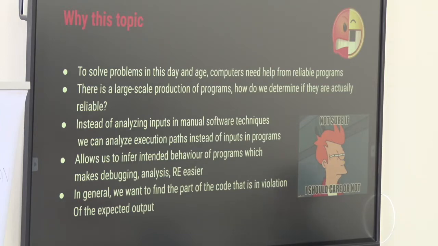So there is a large-scale production of programs, and manual static analysis may be infeasible. If you're dealing with millions of lines of code, it might be hard to test manually, giving input, checking the output, generalizing and maybe saying for positive integers, this is the output we expect.